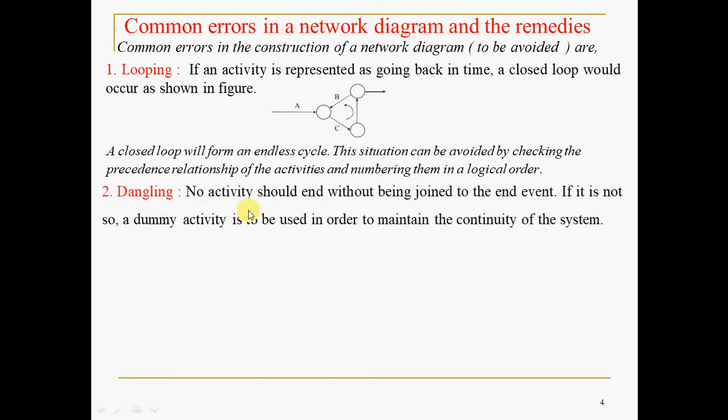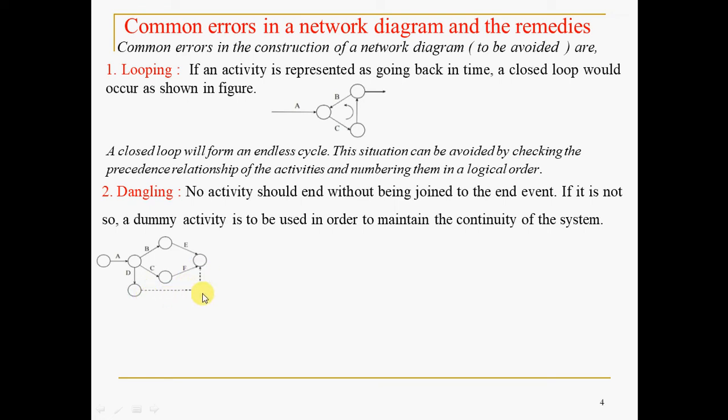Dangling. No activity should end without being joined to the end event or end node. If it is not so, a dummy activity is to be used in order to maintain the continuity of the network or system. So in the sense, for example, here, it is called dangling error. Hence, you are supposed to connect with a dummy activity like a support.